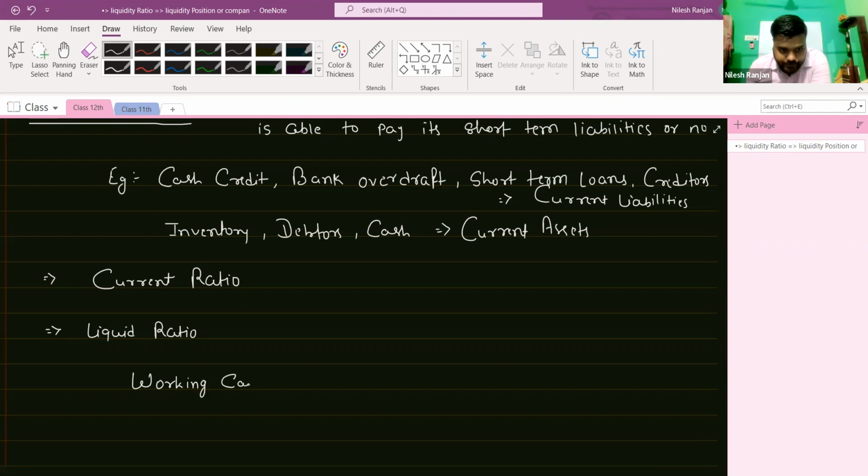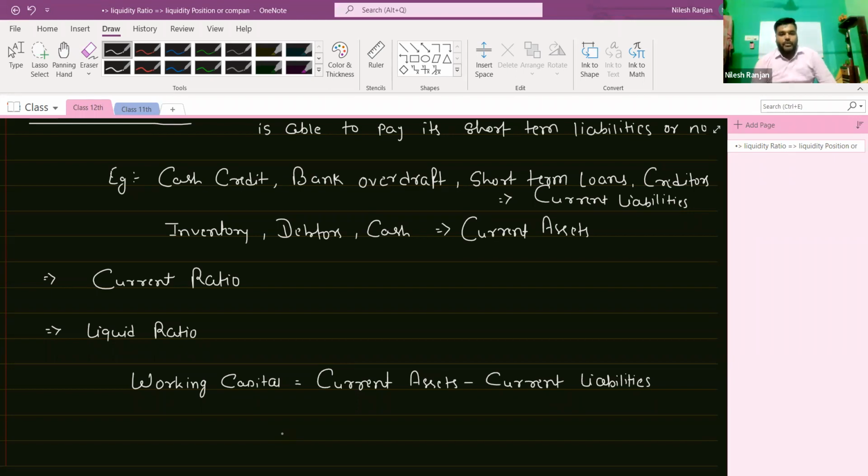Working capital equals current assets minus current liabilities. So this is the formula of working capital.